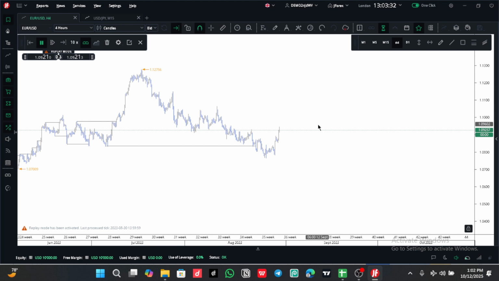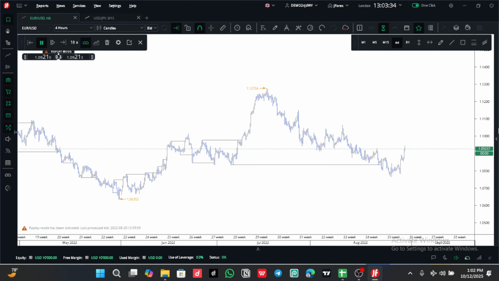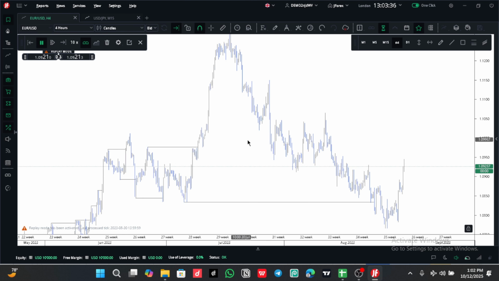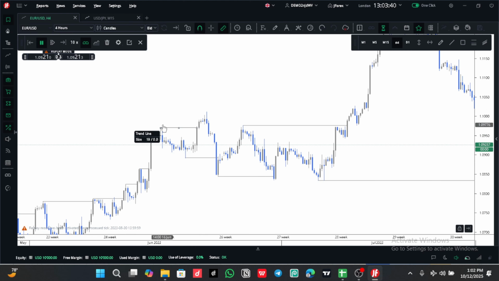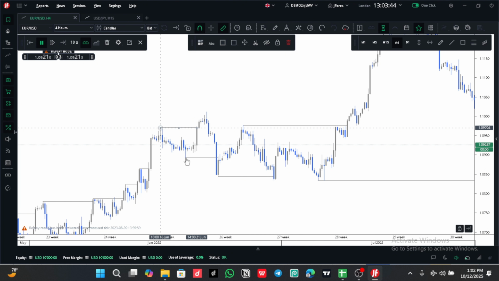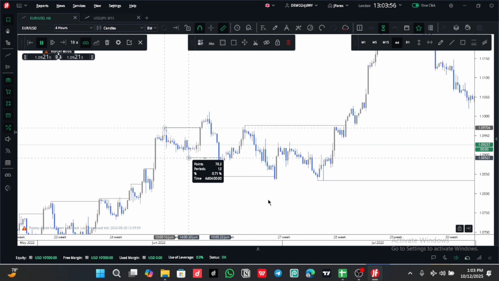As I'm doing it, you're writing the pips down. Let's just say I did this one now, from here to the low. This one is 78, so I'll just write them down on a paper or wherever you want. And once you're done writing them down, you now pick the lowest.